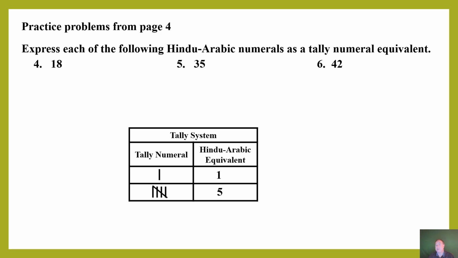Now let's try 4, 5, and 6 on page 4. Want to write it as a tally numeral. Now again, if I use addition for number 4, that's 5 plus 5 plus 5 plus 1 plus 1 plus 1 gives me 18.